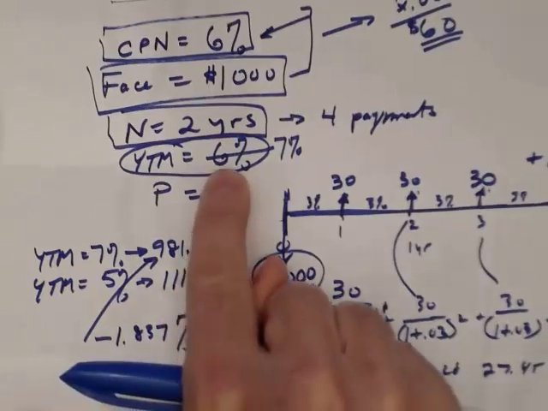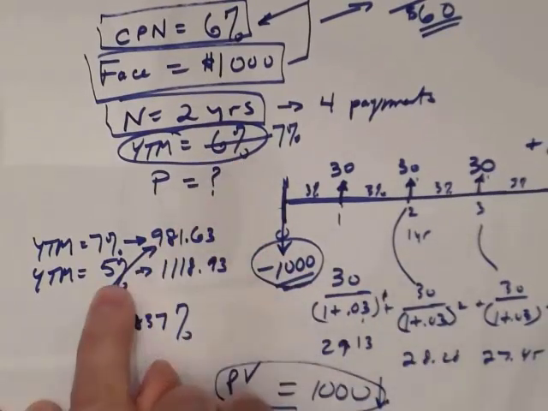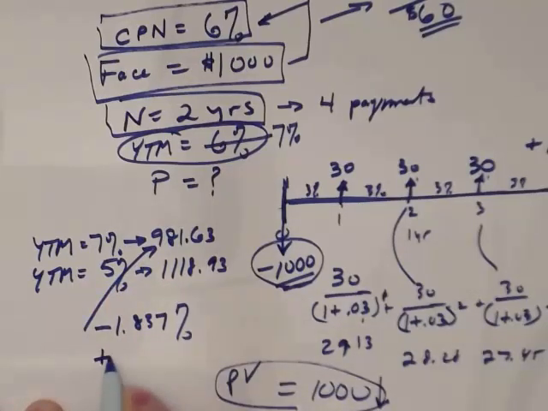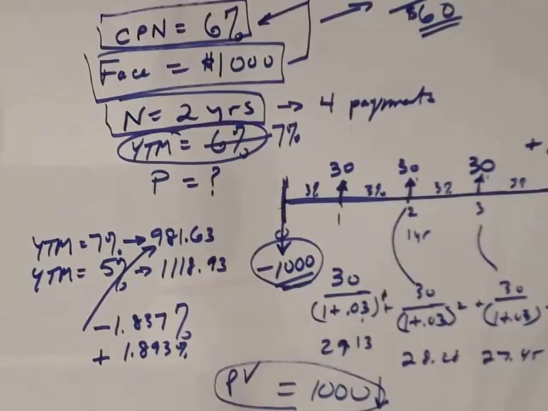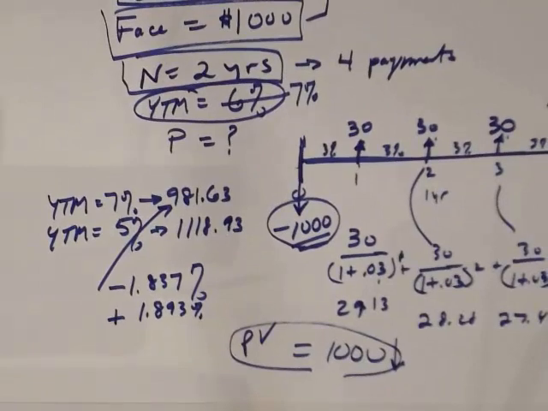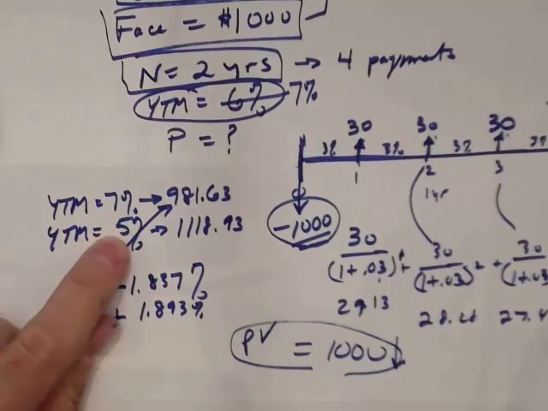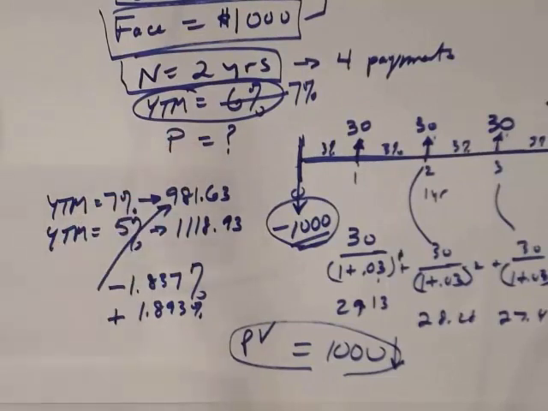If we started out at 6% and interest rates fell, the bond would go up to $1,118, and that would be a gain of 1.893%. So either way, this bond goes up or down about 1.83% for a 100 basis point change in interest rates. In other words, every 1% change here from 6 to 7, that's a 100 basis point change.